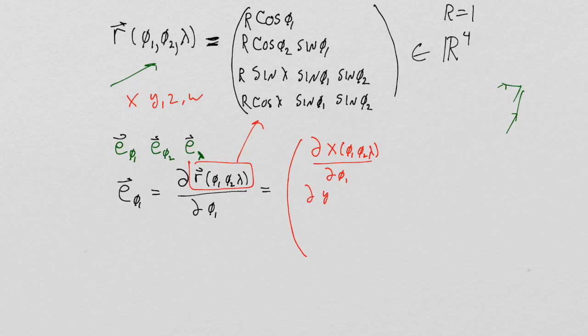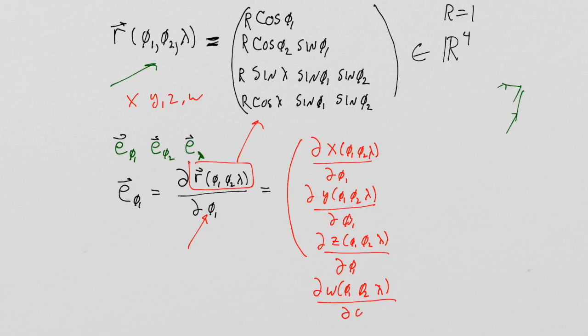The partial derivative of y of phi 1, phi 2, lambda, with respect to phi 1. Sorry, I'm confusing myself. This is all with respect to phi 1. Then z with respect to phi 1, and the partial derivative of w of phi 1, phi 2, and lambda with respect to phi 1.